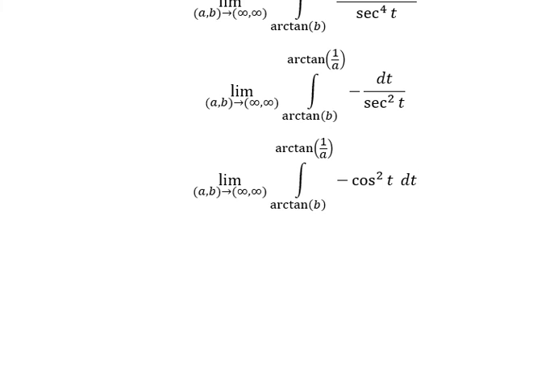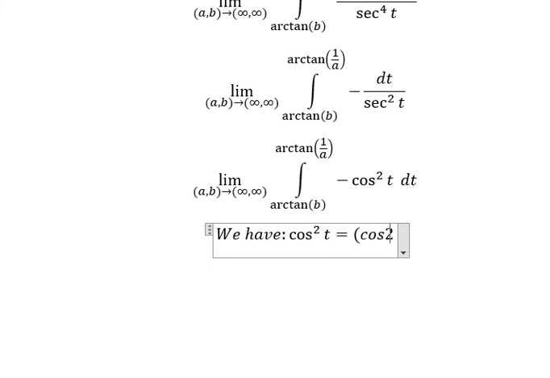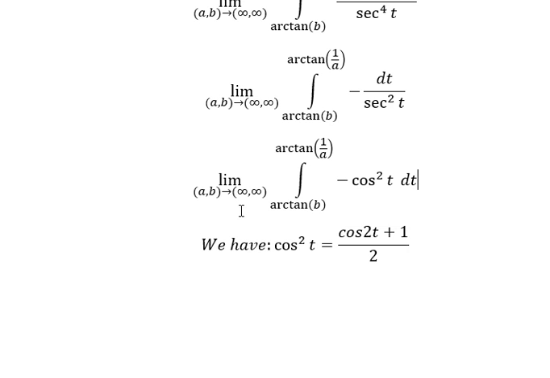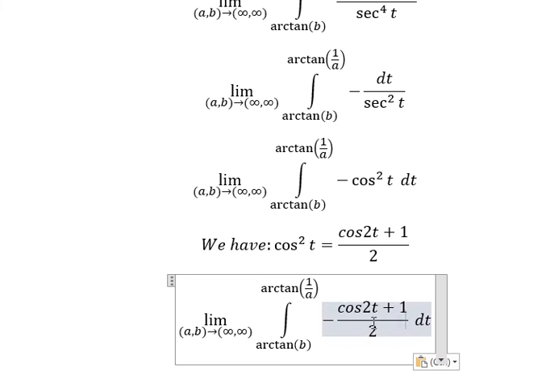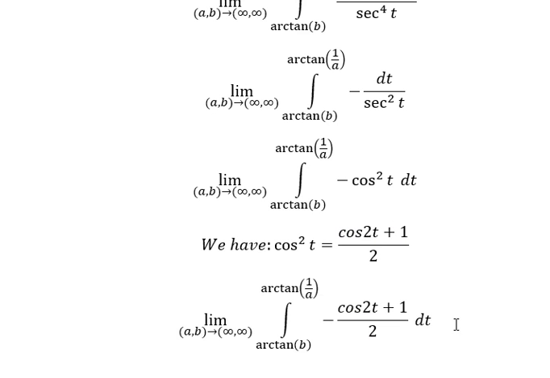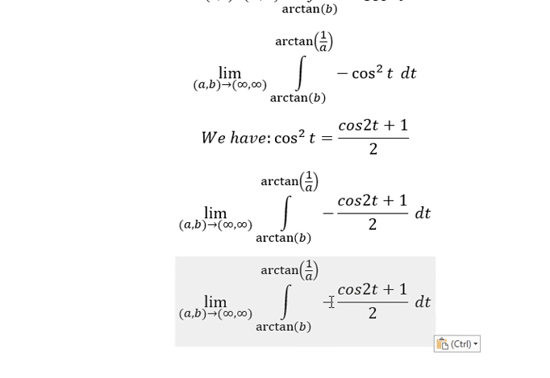Next, we have the formula cosine t squared equals cosine 2t plus 1, over 2. And now I will put this one in here. I will put negative 1 over 2 outside.